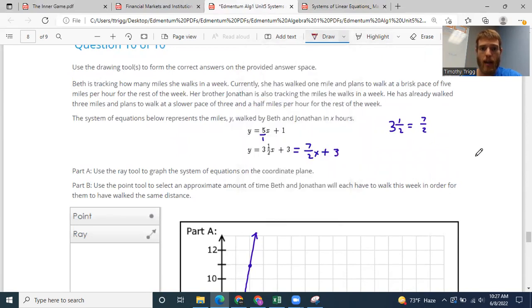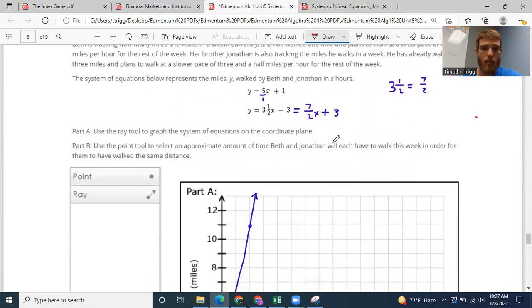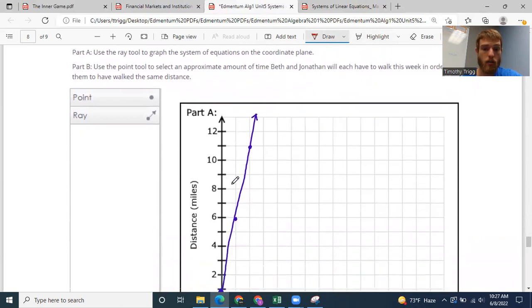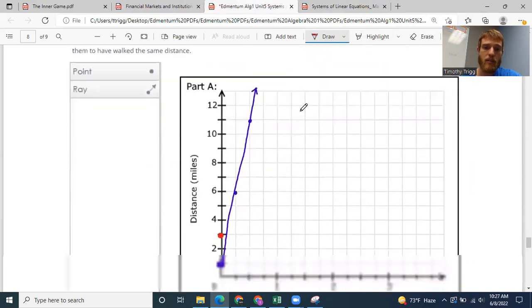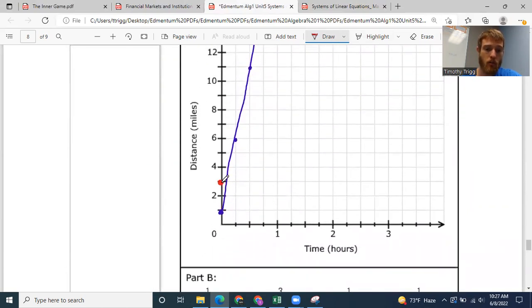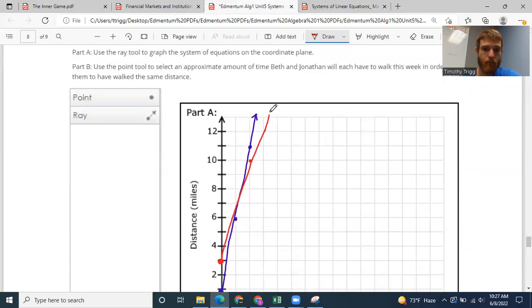Now let's graph Jonathan's equation. His y-intercept is plus 3. He's already walked 3 miles. And then his slope is 7/2, so we're going to go up 7/2. 1, 2, 3, 4, 5, 6, 7 over 2. So his graph looks something like this.